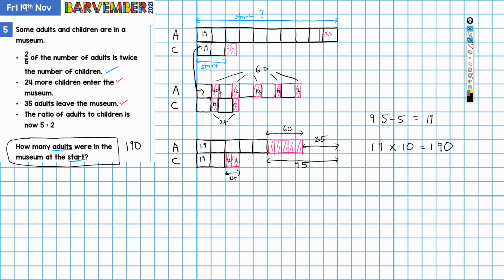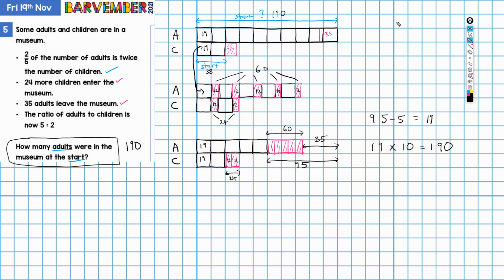And we could check that if we wanted by just plugging the numbers in. So if this is 190, well, what did we have at the start for the children? Well, that would be 19 times 2, which is 38.